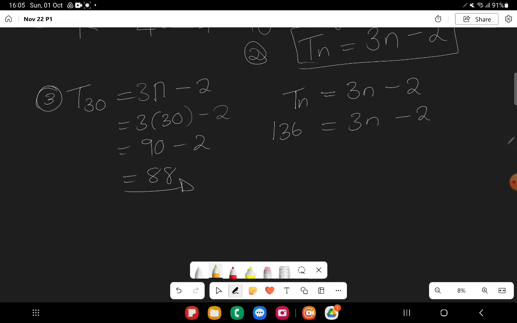And then I'm going to say plus 2 on both sides, which means that 3n is equal to 138. And then I divide by 3 on both sides. 138 divided by 3 gives me 46. So term n is equal to 46. Great, that's the end of question number 3.